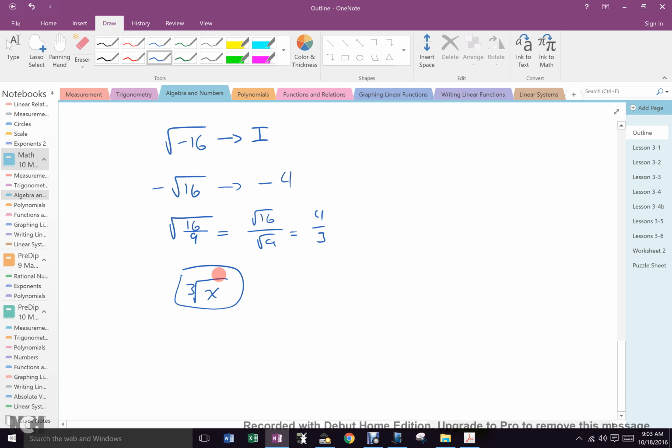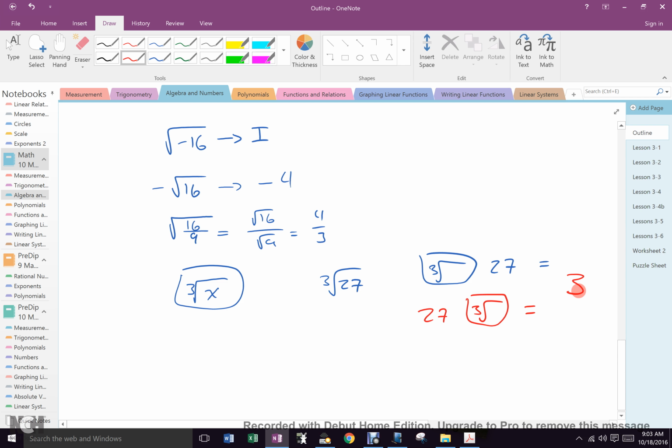Depending on forward or backwards calculator, if I wanted the cube root of 27, forward calculator, you're going to go cube root button, 27, and you might have to hit equals. Backward calculator, you're going to do 27, cube root button, and you might have to hit equals. And the answer is, of course, what? 3. Can everybody make the calculator do that?